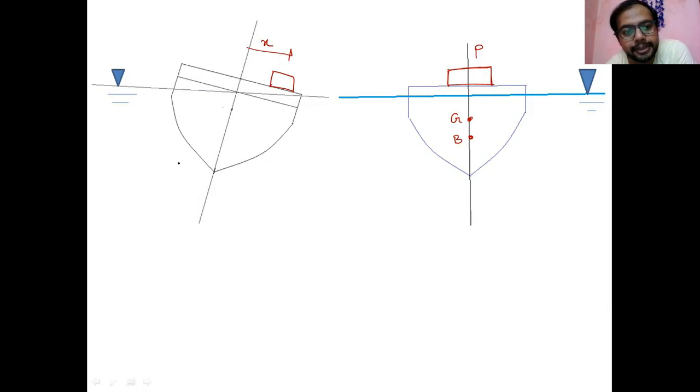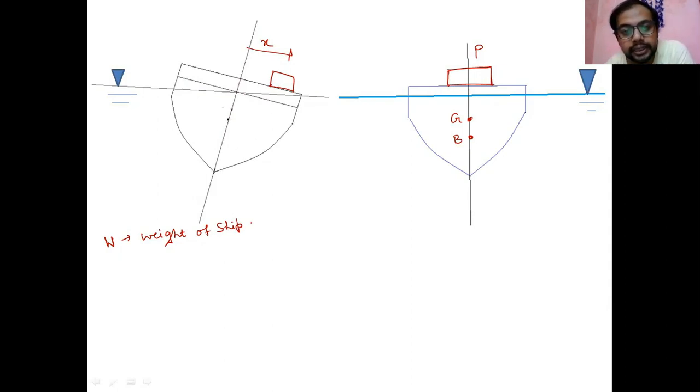And the weight of the ship is given as W. In such a situation, what is happening? It is trying to find another equilibrium condition.